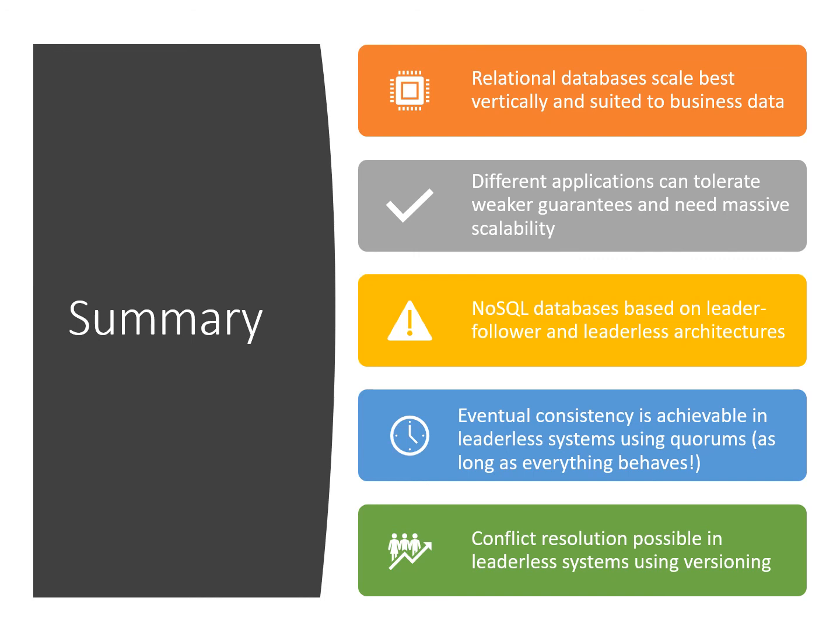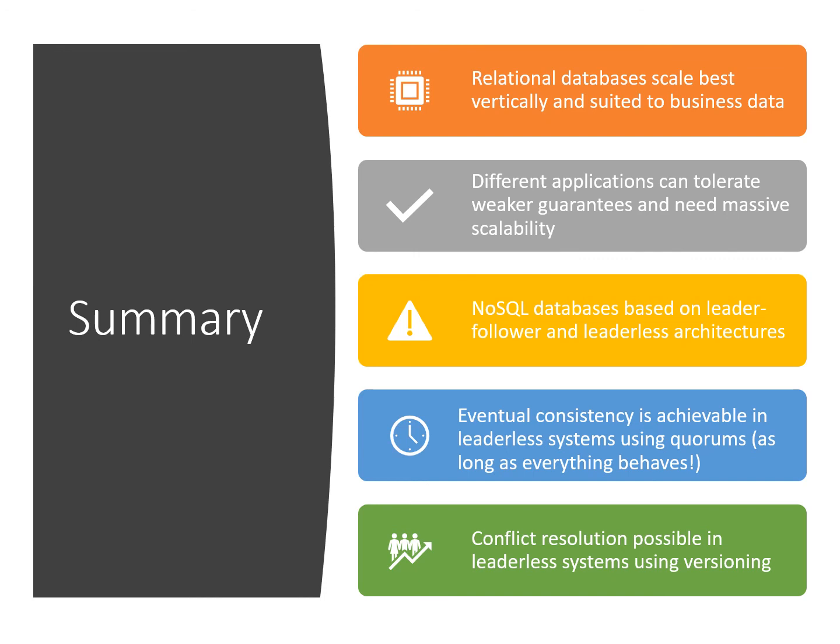Different application types such as social media or sensor-based data can tolerate weaker guarantees of consistency, and by tolerating this they can scale wonderfully. NoSQL databases are based on different data models and query languages, and they're typically replicated using either a leader-follower or a leaderless system.